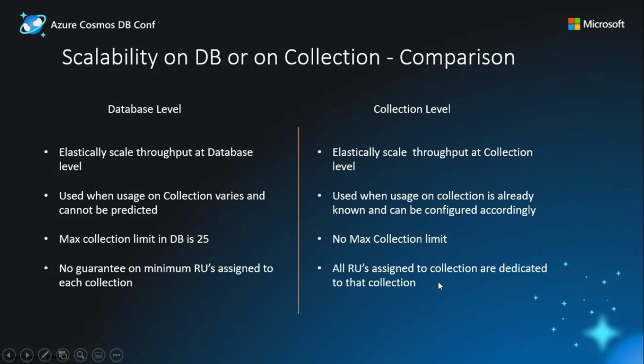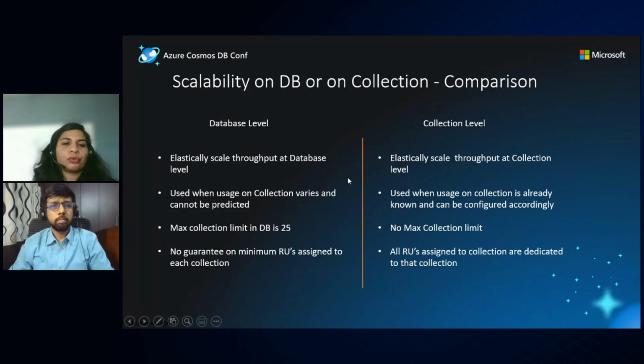But if you have throughput defined at the collection level, then that minimum RU will be dedicatedly available to the collection. So it's up to you what you want to decide upon. There is nothing like pros and cons on the level. It's just your decision, which of database level or collection level throughput you want to choose. In our application, we chose the database level throughput setup.